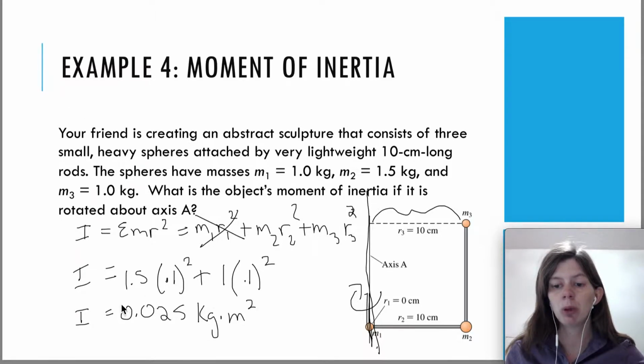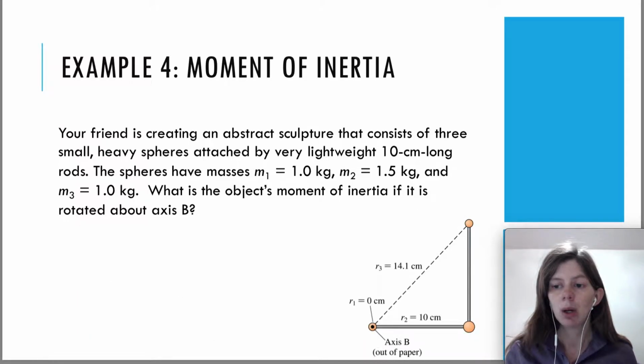Remember, the moment of inertia gives you an indication of how hard it is to rotate the object. So the bigger this number, the harder it is to rotate the object. Let's do part B, where the only thing we have changed is the axis of rotation.